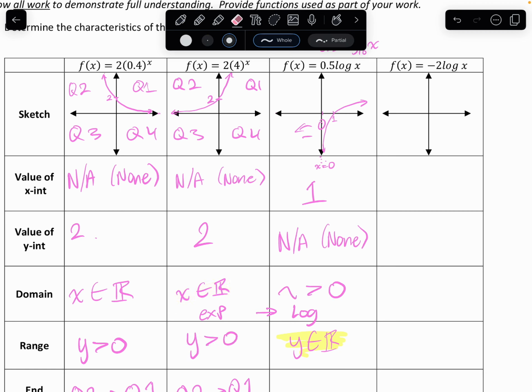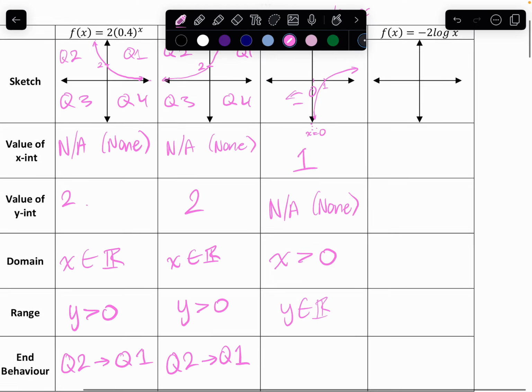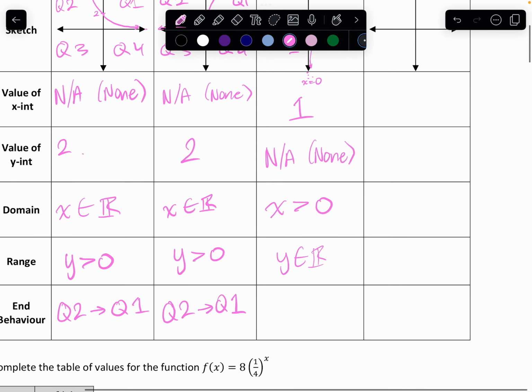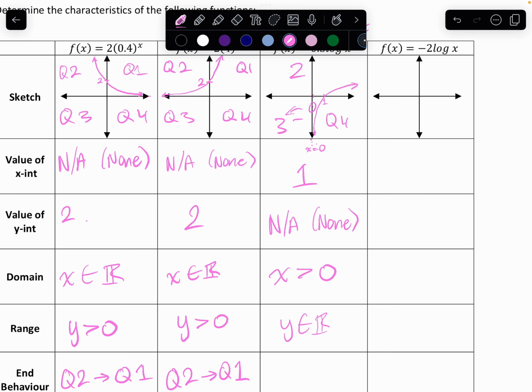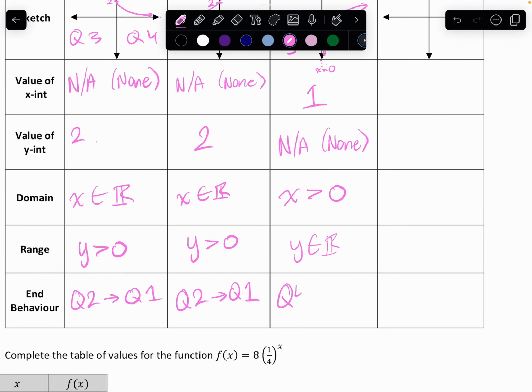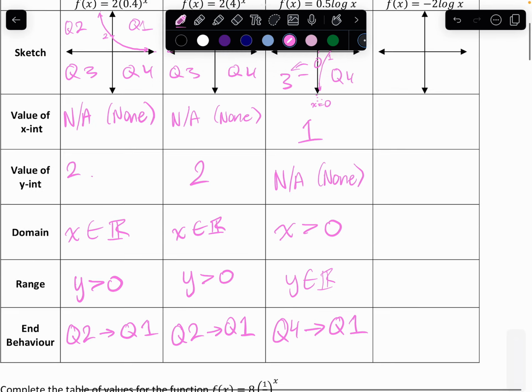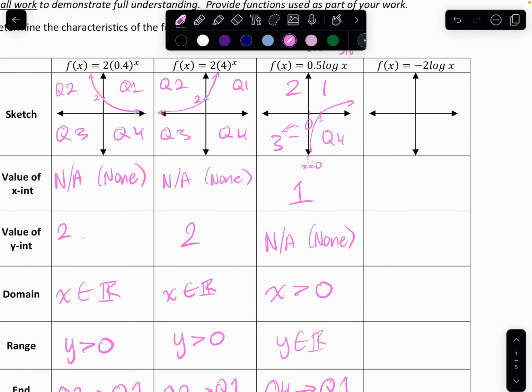It is the exact inverse of the other graph. The domain gets flipped, the range gets flipped. Everything is just flipped perfectly. Now, end behavior, this is Q4, 3, 2, 1, and it's going from 4 up to 1. So we say from Q4 to Q1. Perfect. And then also I'm realizing I'm going to make this a separate video because it's taking a lot longer.